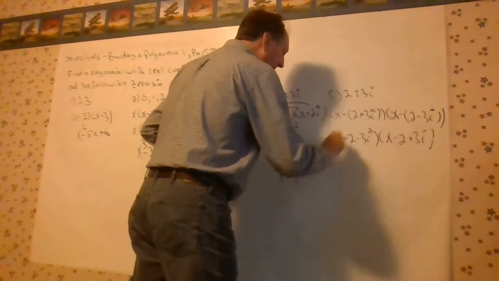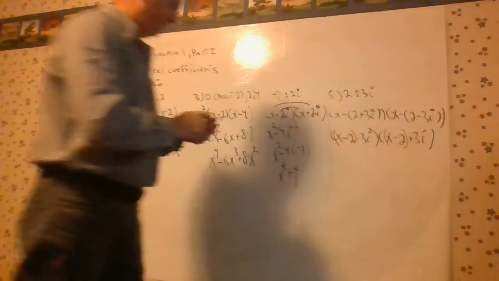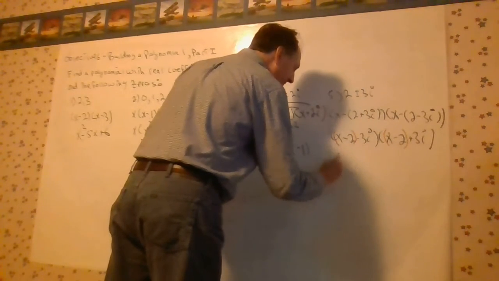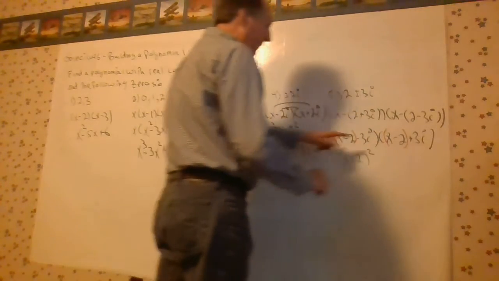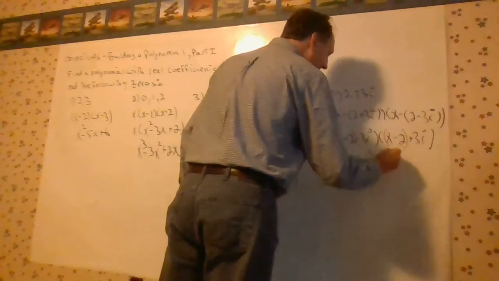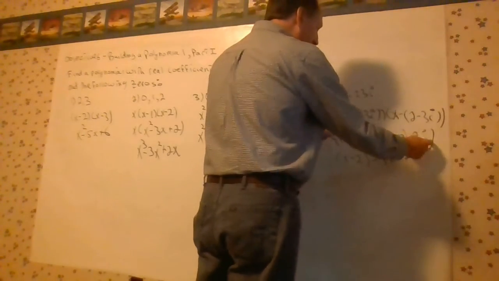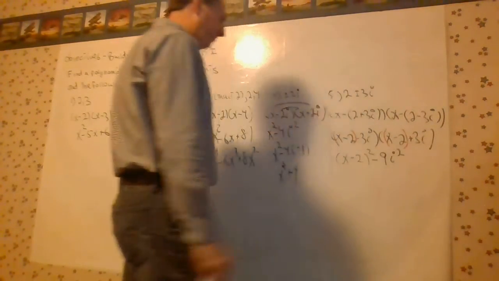You can group together x minus 2, x minus 2, and then x minus 2 times x minus 2 is x minus 2 squared, negative 3i plus 3i minus 9i squared. And then if you notice that times that, the outer and inner terms cancel. 3i times x minus 2 minus 3i times x minus 2.